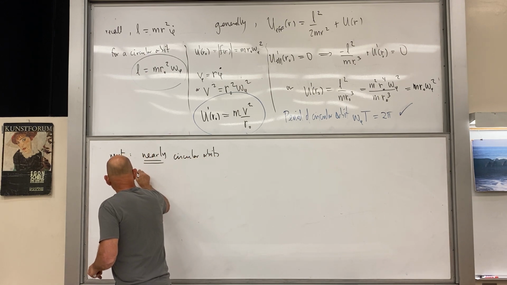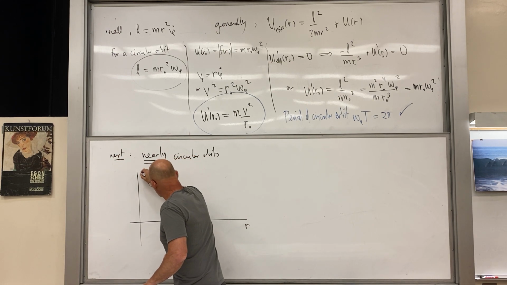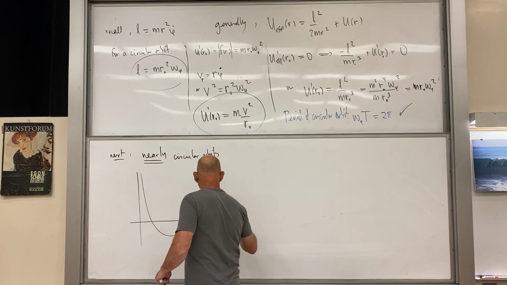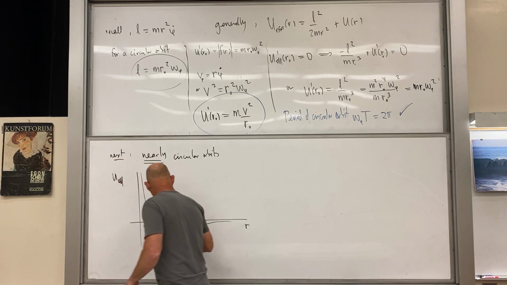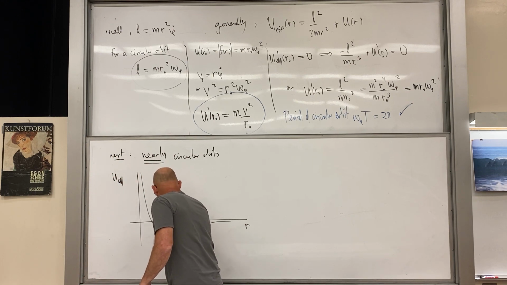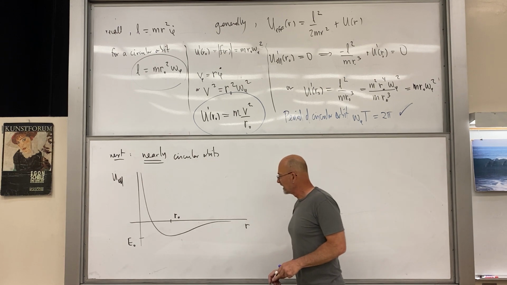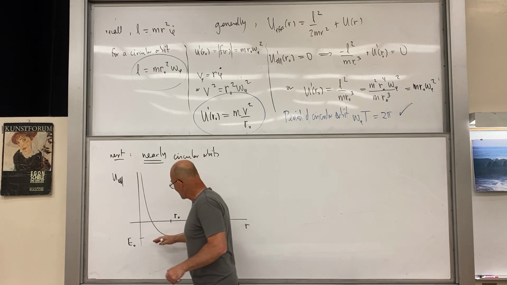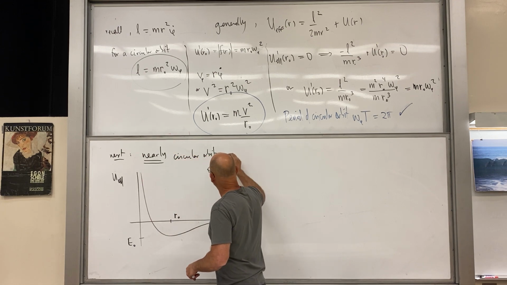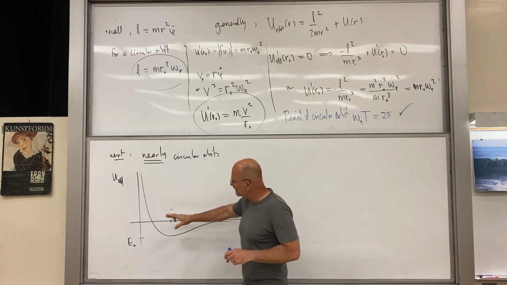So let's go ahead and just do this nicely exaggerated effective potential one more time. Okay, there's the effective potential. The energy corresponding to our R sub 0, we just call E sub 0. And when we say a nearly circular orbit, what we're going to do is have the same angular momentum but a slightly greater energy.